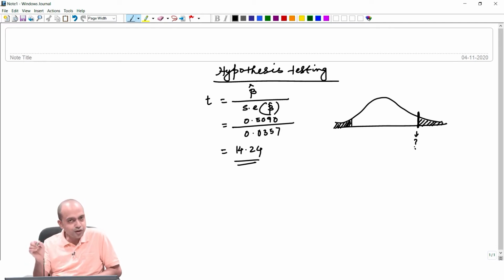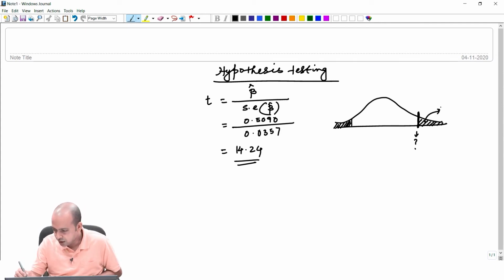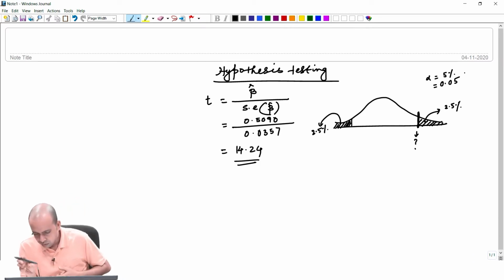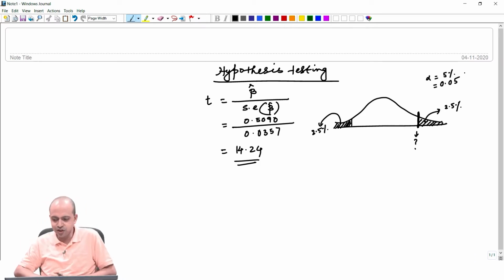If you look at your t table and specify your alpha, this area is 2.5%, this is also 2.5%. That means we said that alpha equals 5%, or 0.05, right. Let us specify the size of the critical region is 5%.